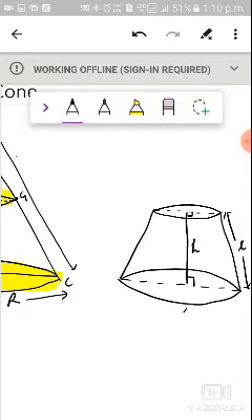This radius is capital R, which we have already taken, and let us say this is radius small r. So this is called a frustum. It is a part of a cone.